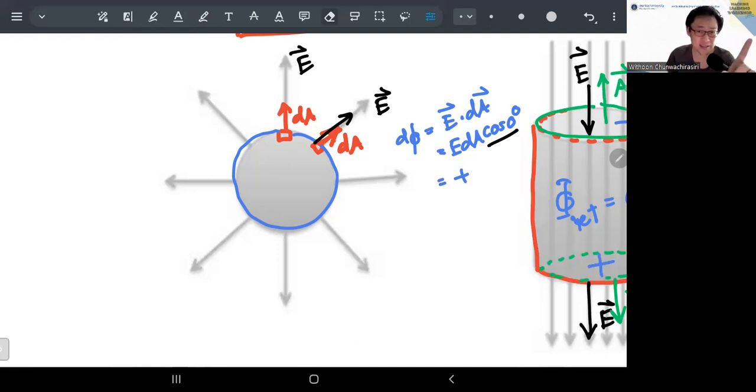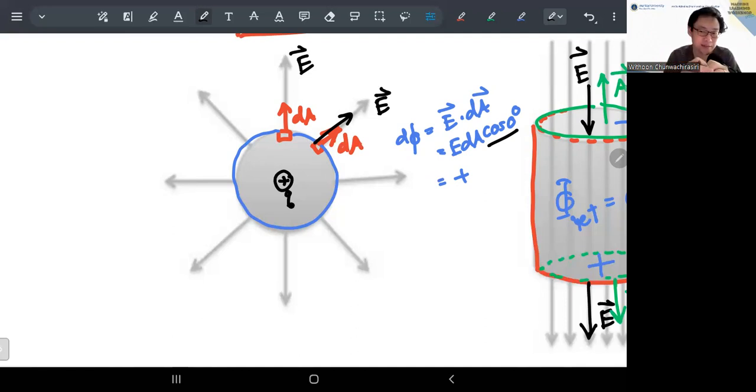That means a net positive flux leads to the conclusion that inside this sphere there must be a net positive charge as well, because we already said a positive charge generates electric field lines pointing outward from it. So if the net flux is positive, it's a clue telling you that the net charge inside must be positive as well.